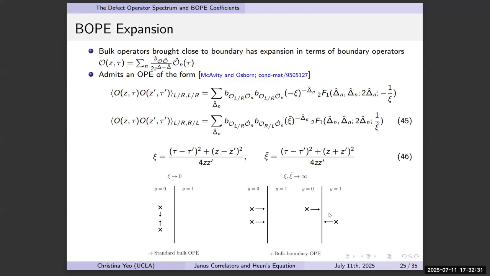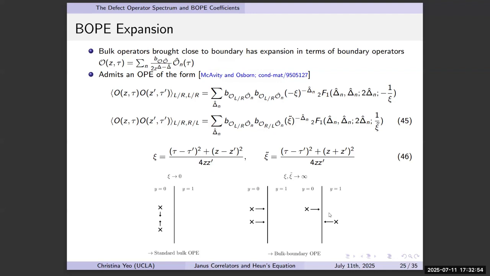So it'll look like this. This factor just comes from the conformal symmetry. And if you solve the differential equation that you get from applying the Casimir of the reduced conformal symmetry that our interface respects, the OPE takes this form.